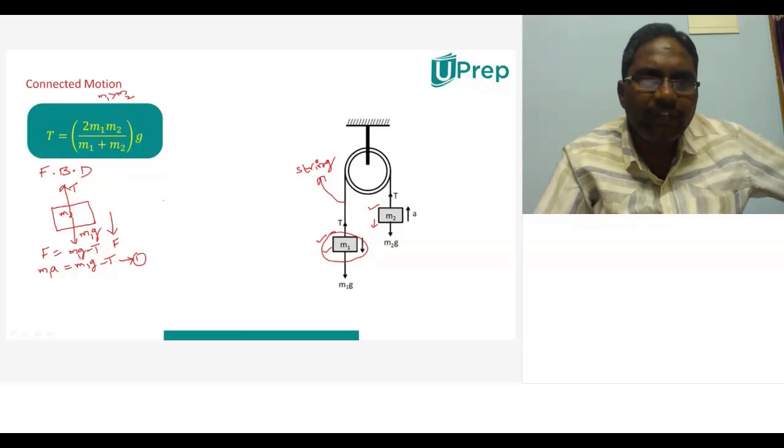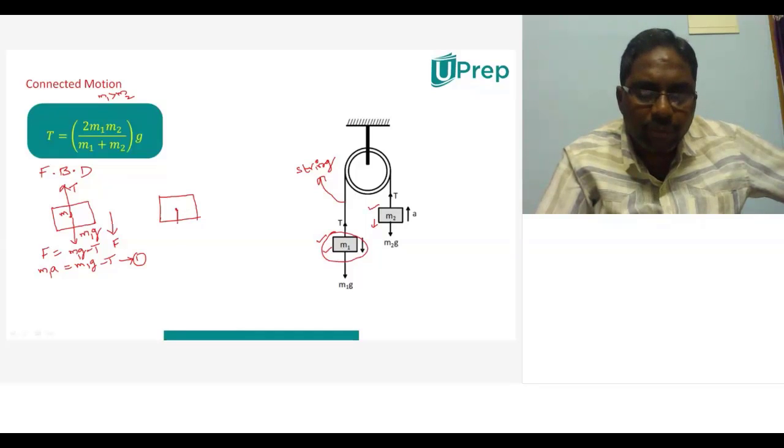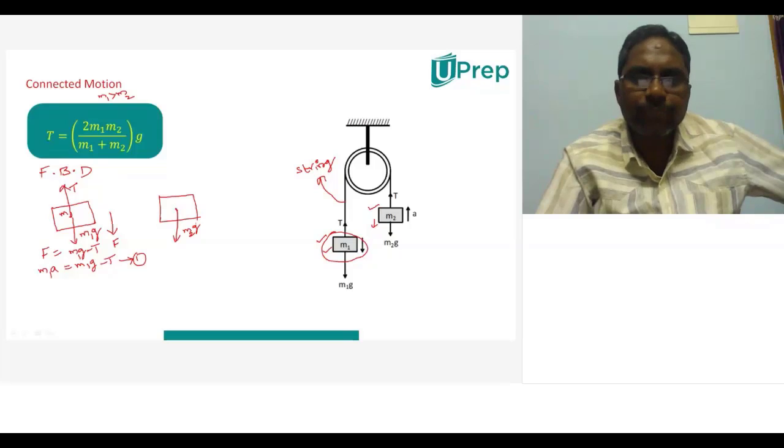Now similarly, I am taking the second object, the M2 object. Always you know that on the M2 object also, in the downward direction, definitely weight will act.